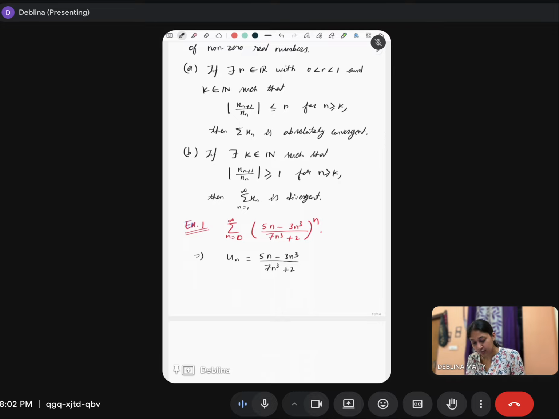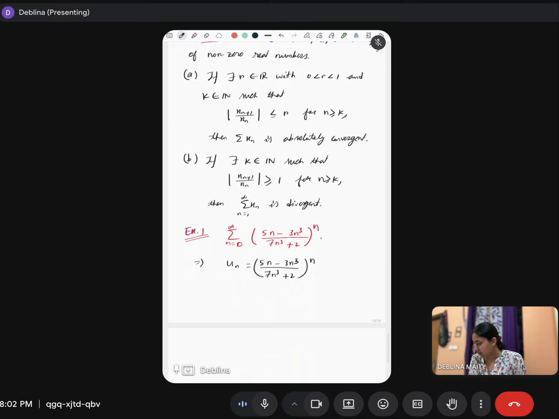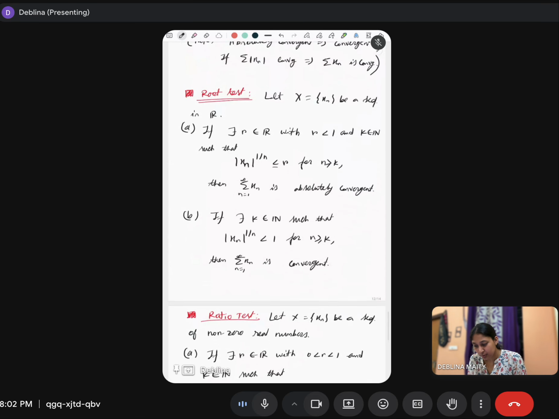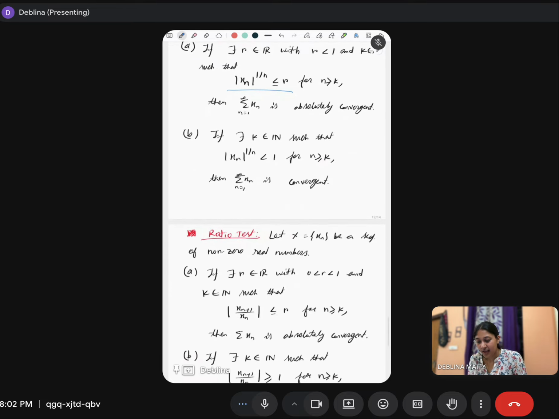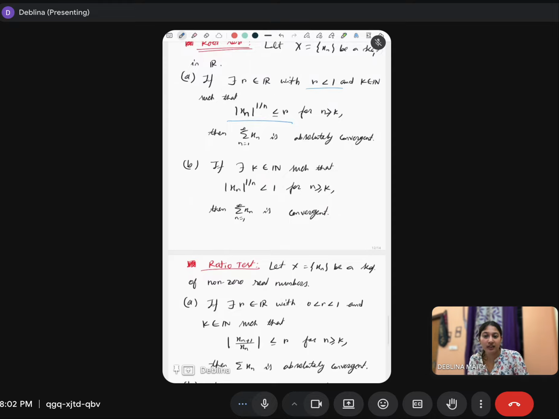It is the expression to the power n, right? This is our sequence un. For this we'll use the root test, because there is a power n, and in the root test we take the modulus to the power 1 by n, and this r has to be less than 1.